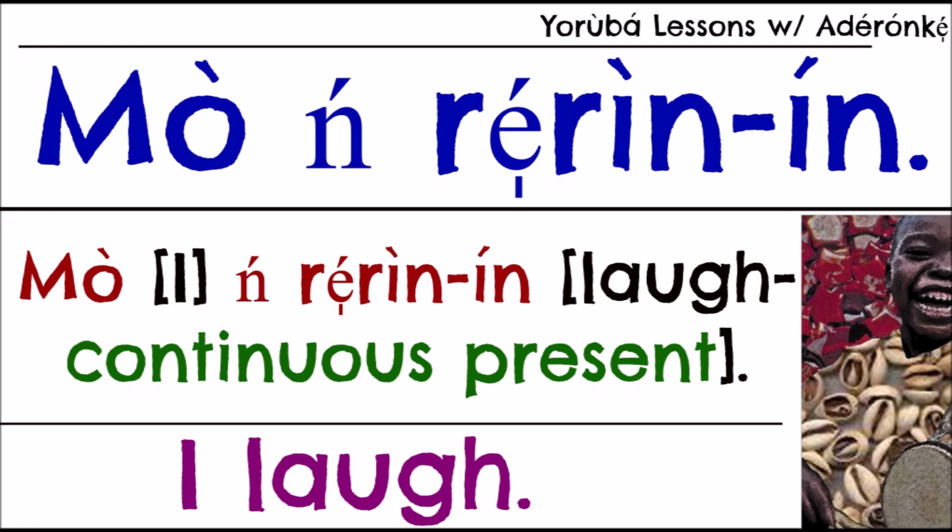Mo is I. Like I said, when you include it in a sentence, you give it a sense of something that is happening presently or something that happens. Moreri, I laugh. It's continuous present. I laugh, whether it's yesterday that I laughed, or today, or I'm going to laugh in the future.